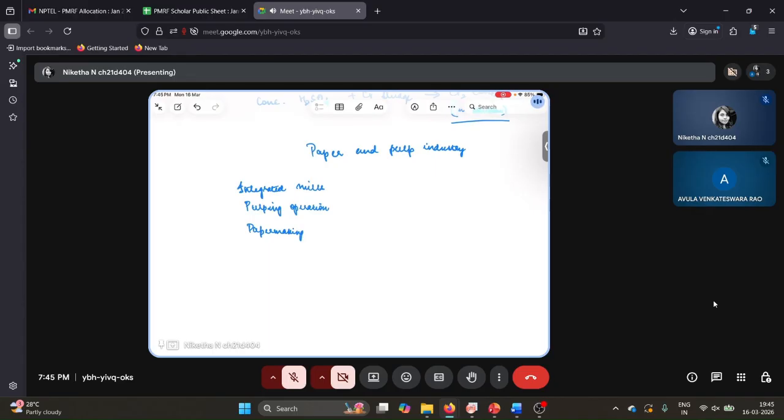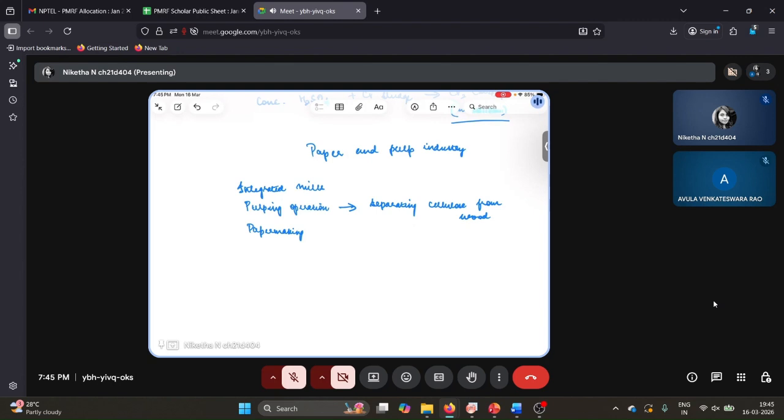That is the pulping operation, where we separate cellulose from the wood. The second process is actual paper making from the leftover fibers. If these two processes take place in the same unit, it is called an integrated mill.